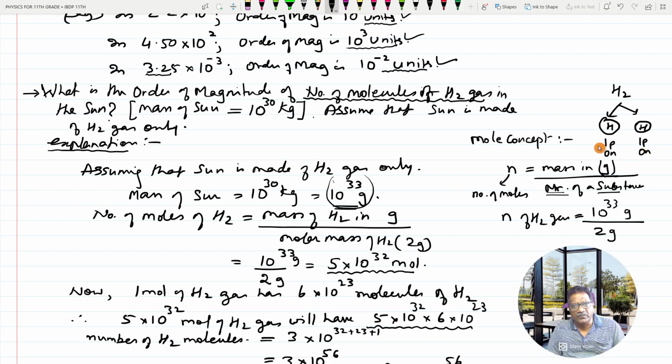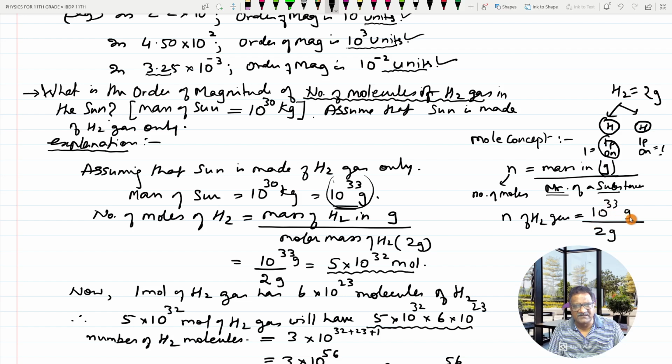Molar mass is this mass, proton plus neutron. So 1 plus 0 will be 1, and here also 1 plus 0 will be 1, and this 1 plus 1 will be 2. So molar mass of hydrogen gas is 2, and expressed in grams it will be 2 grams. Is that understood?